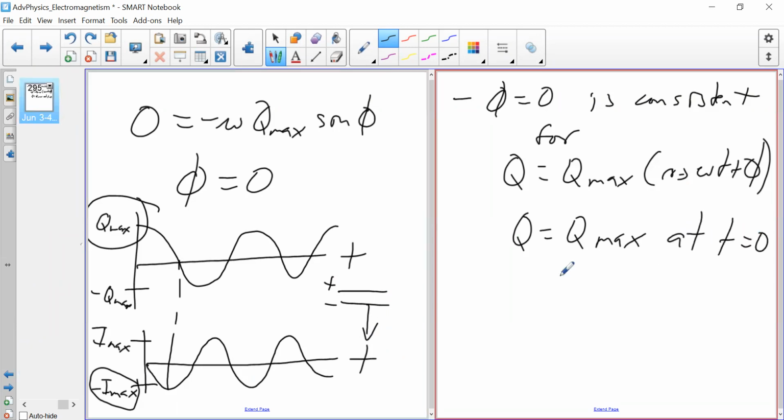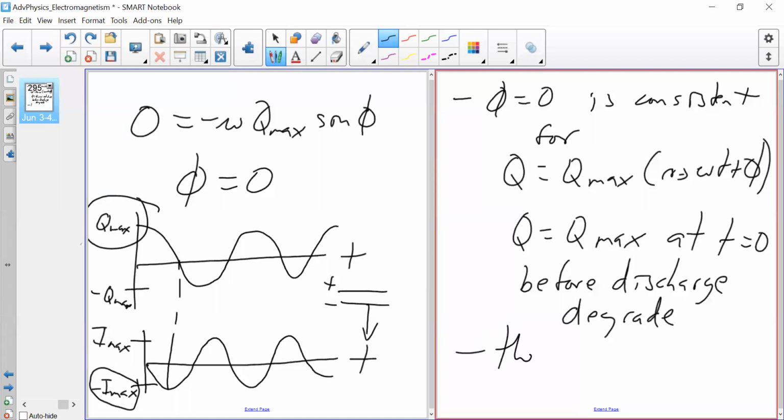At t equals 0, before the discharge degrades. All right, and so then Q equals Q max cosine omega t.